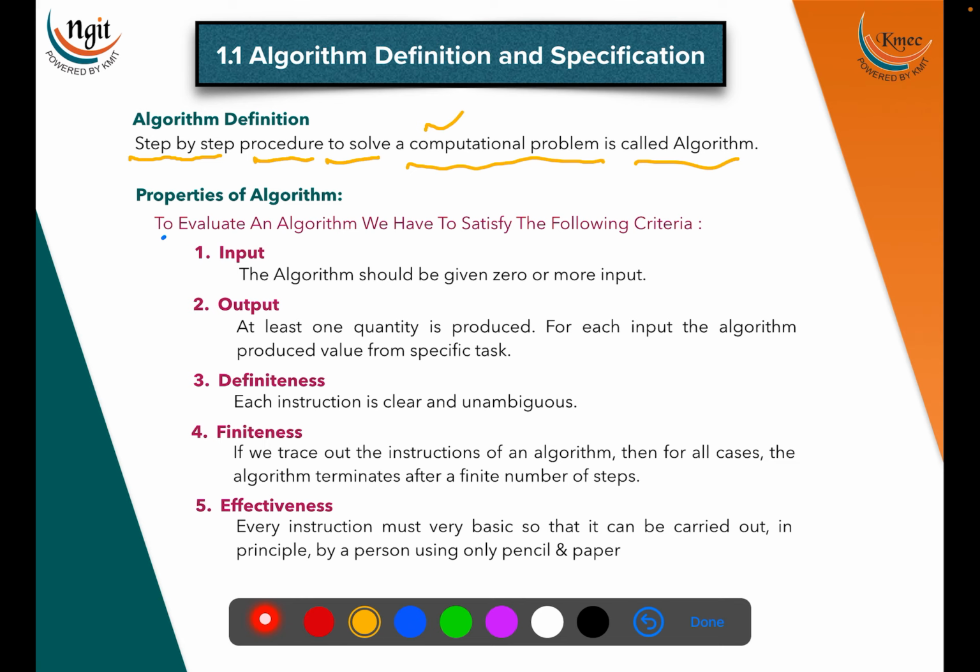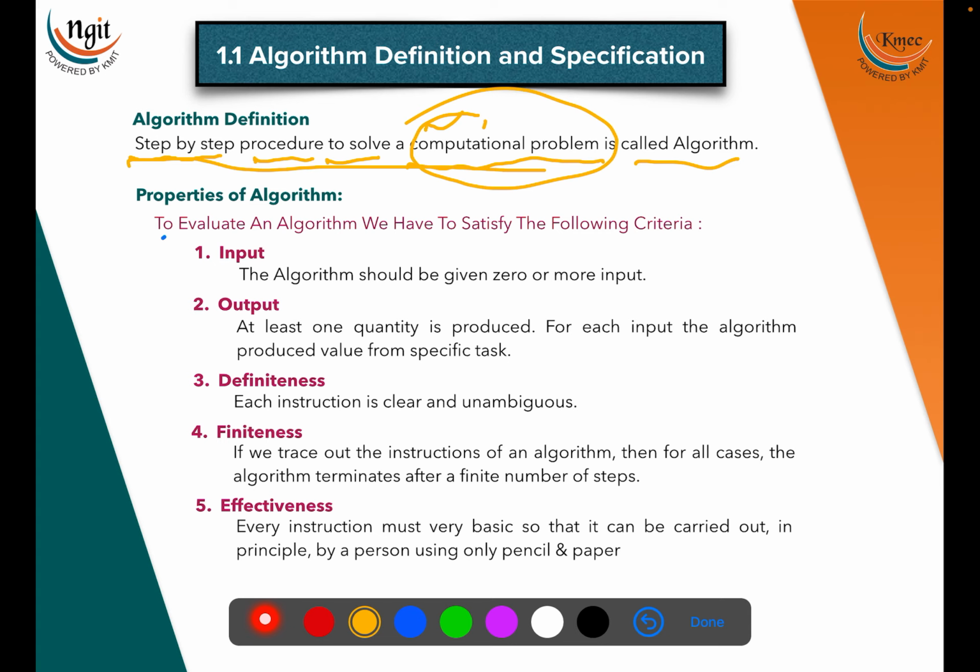You can also write an algorithm for something very general, like making tea, or buying some product in a shopping mall. For everything you can write some procedure, and that can be completed in a step-by-step process. As far as this algorithm definition is concerned, we are going to write algorithms for computational problems.